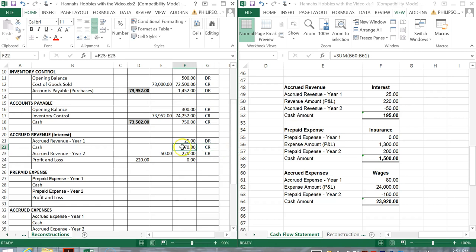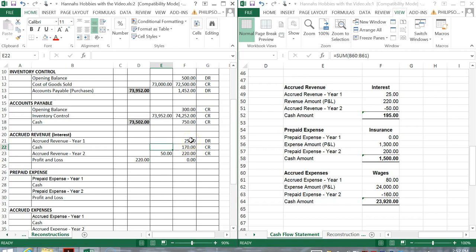Okay, so let's check this. 170 credit, add 50 credit gives us 220 credit, minus 220 debit gives us 0. So now what we need to do is just figure out what transaction will affect this change from $25 debit to $170 credit. Obviously it's going to be a reasonably sized credit.